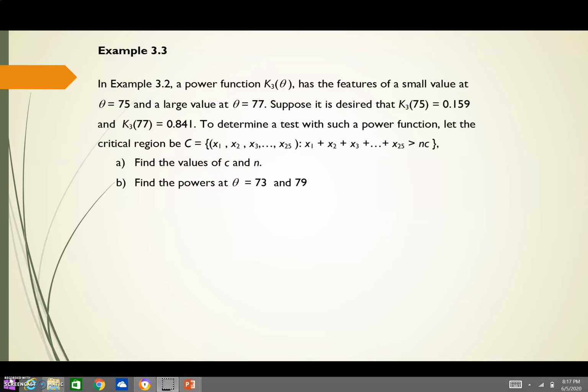We can write that our critical region C is the set where the summation of Xi is greater than n times C, so we will have x bar greater than C. This is the power of the test.